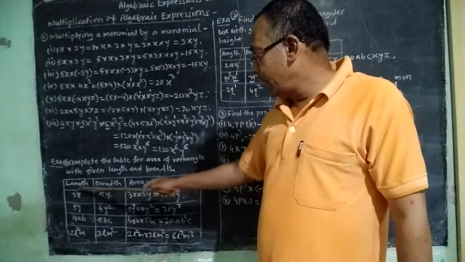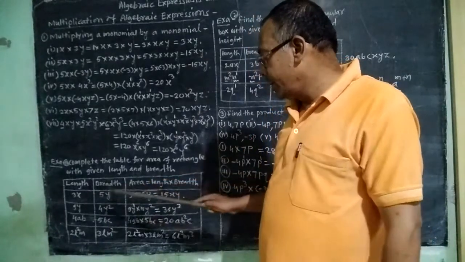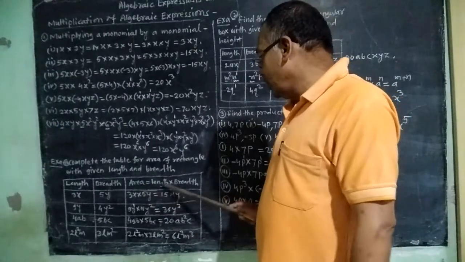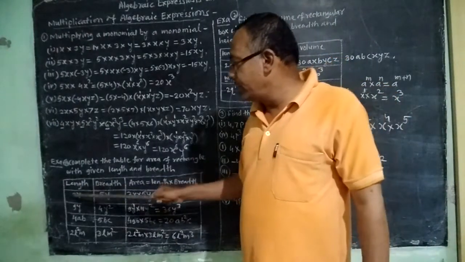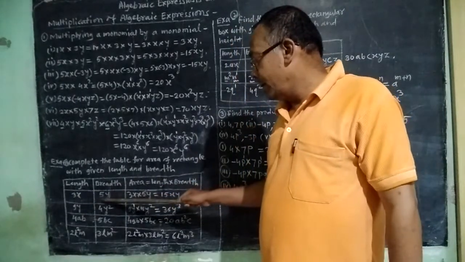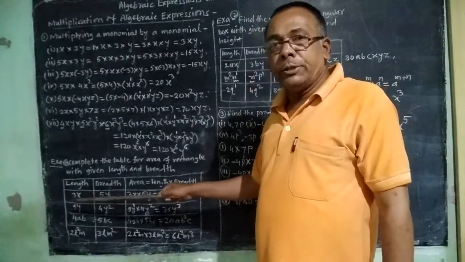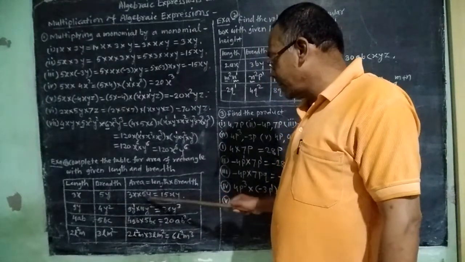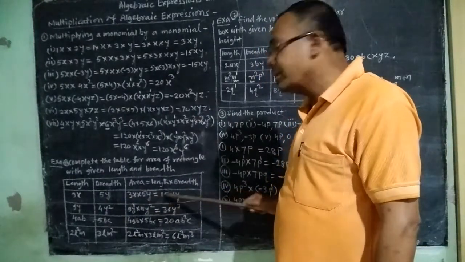So here length is given, breadth is given, area we have to find, that is equal to length into breadth. Here length is given 3x, breadth is 5y. So length into breadth means 3x into 5y, and that is equal to 3 5s are 15, x into y is xy.